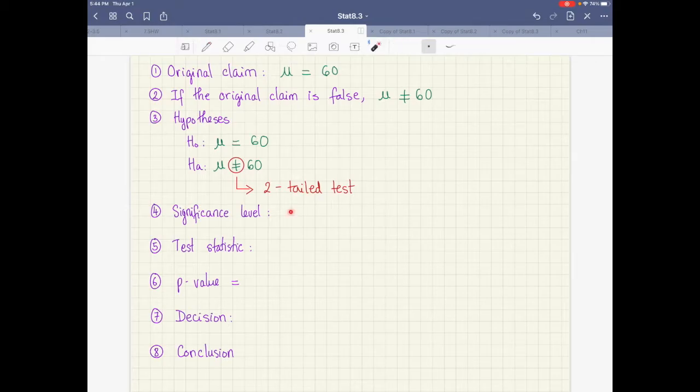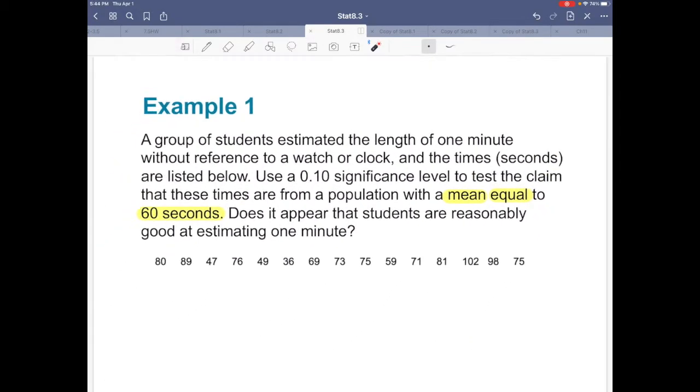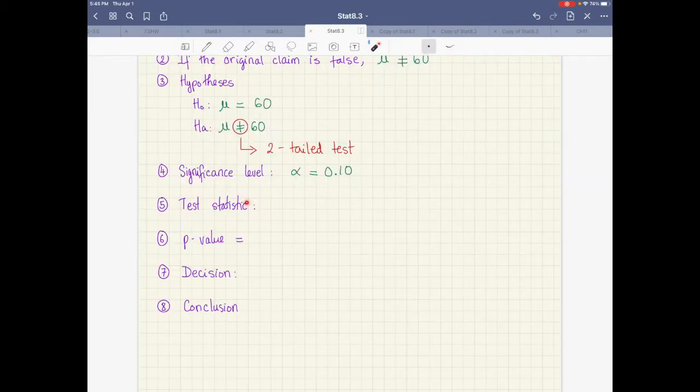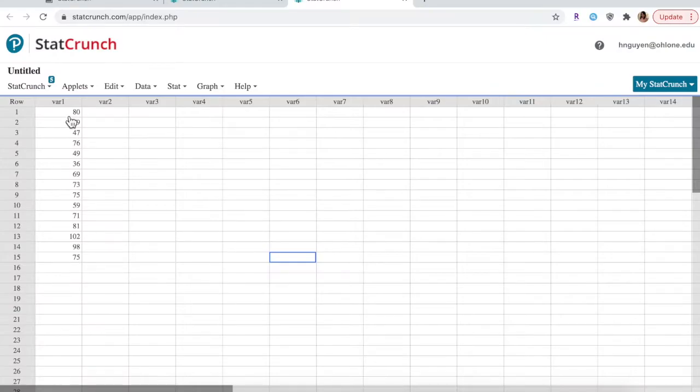For significance level, most of the time it's going to be given from my problem. Use a 0.10 significance level. So alpha is 0.10. If alpha is not given, please use 0.05. For test statistic and p-value, I am going to calculate it using StatCrunch. I have already imported my data in here.